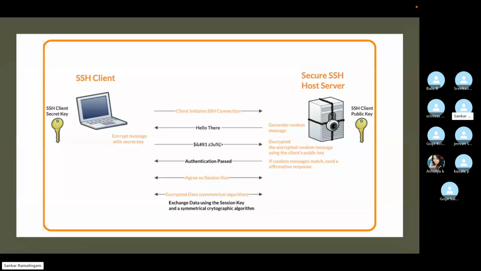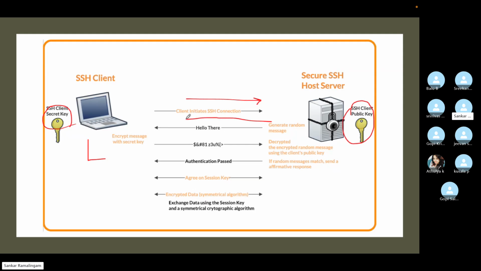Okay, so if you look at this picture, you can clearly see that there's a local machine in which you have the secret key, that is nothing but the private key, that is used for authentication to the remote machine, whereas in the remote machine you have the public key already copied. That public key and private key will talk to each other and then initiate a connection. So initially, if you initiate a connection to the remote machine, the remote machine sends a message like, hello, are you there?